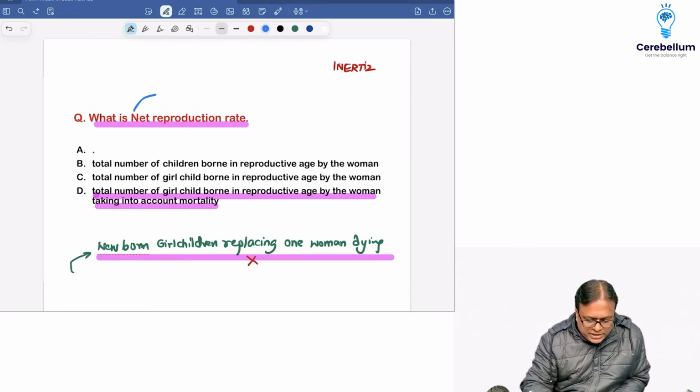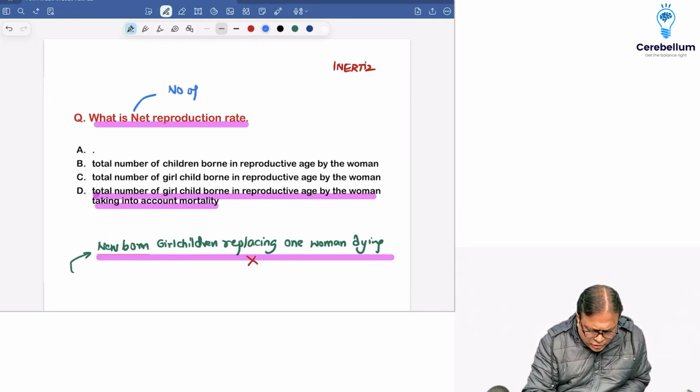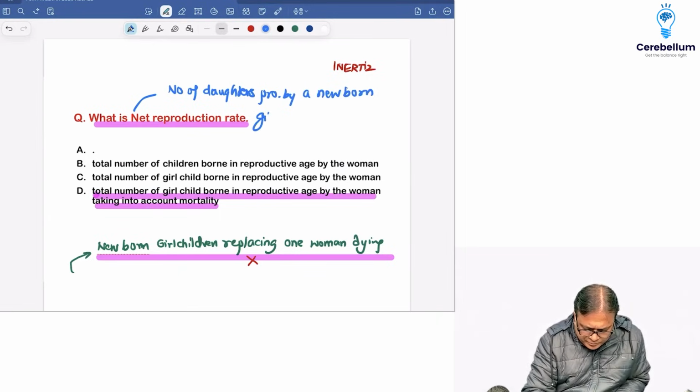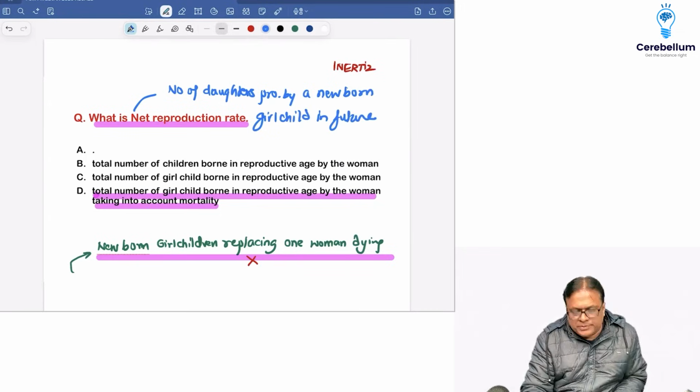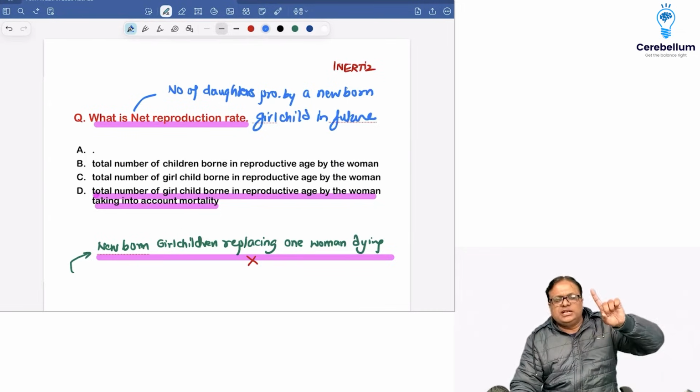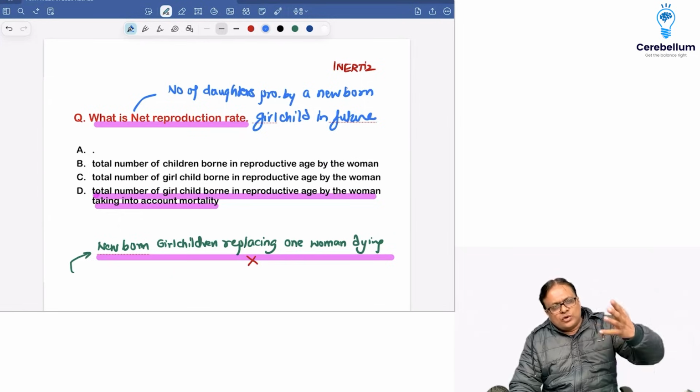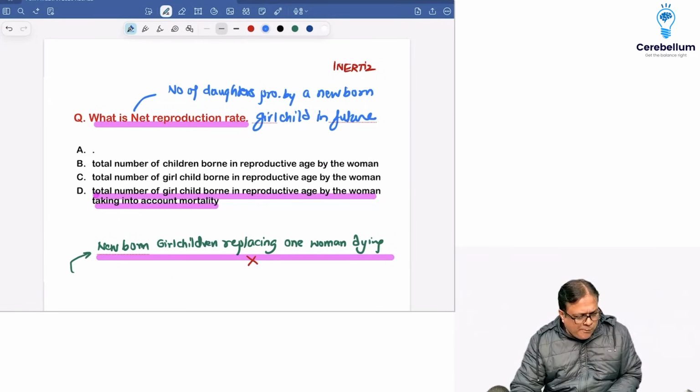The same thing is said in different language: number of daughters produced by a newborn girl child in her future reproductive lifespan. So what does it mean? See, it has different ways of saying the same thing. If a girl child is born today, in her life, how many girl children she will produce minus the deaths? If a woman is dying today, she is replaced by how many living girl children?